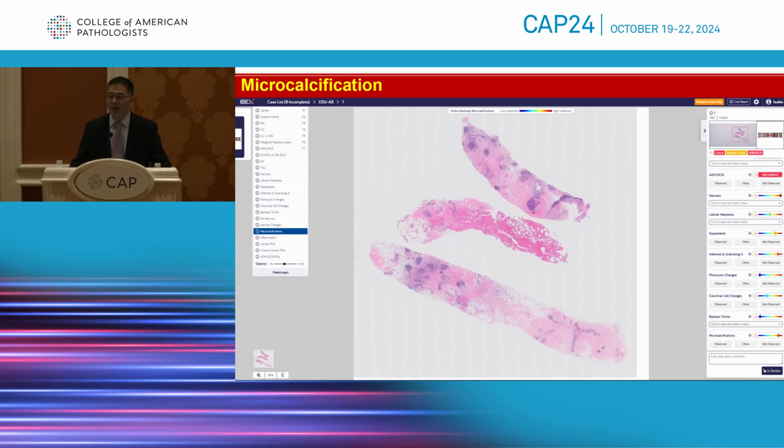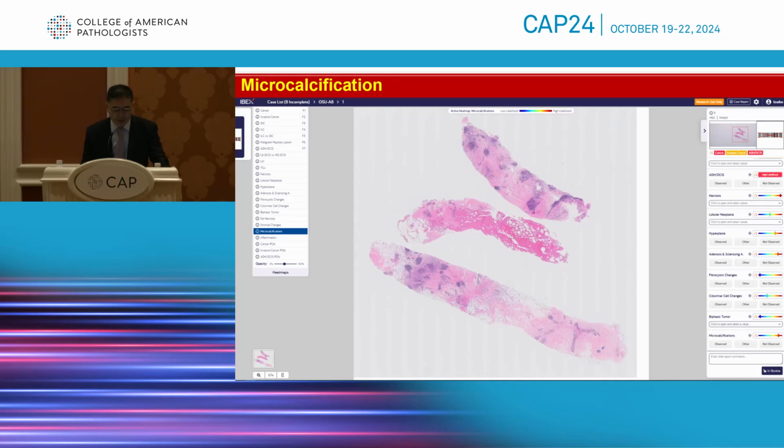Sometimes it can be very time-consuming, and sometimes you may need to get multiple levels of the section in order to identify those small calcifications. And these AI algorithms can help you identify them, as shown here.